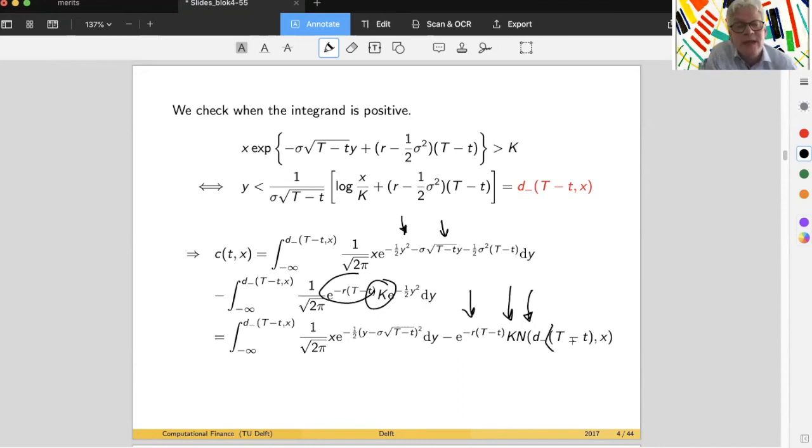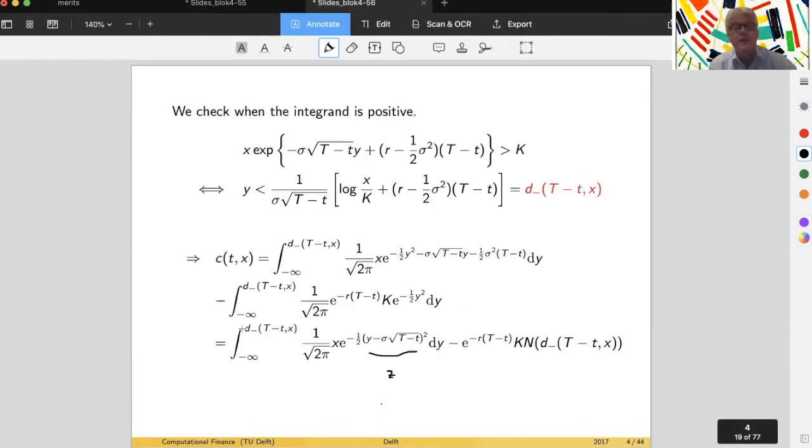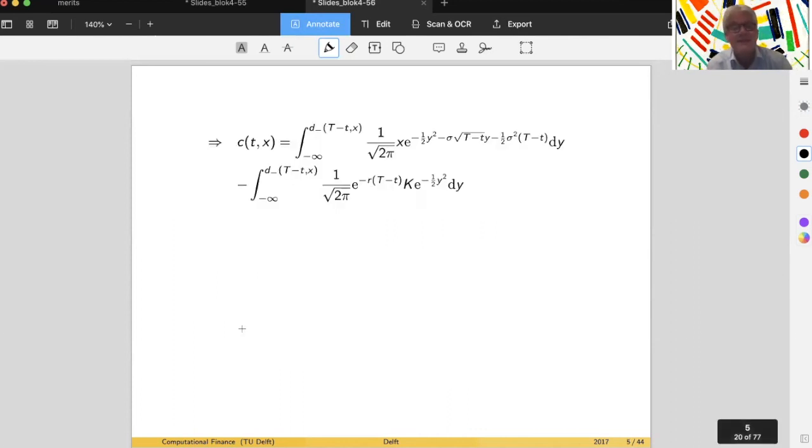Now, what can we do with that first part? Well, this makes life a little easier. We can do a variable transformation. Let's make this a z, and then dy is equal to dz. So y minus sigma times the square root of T minus t, we make it z; dy, we make it dz.